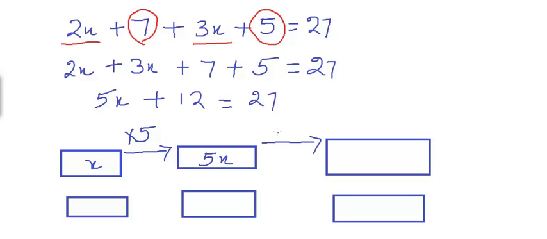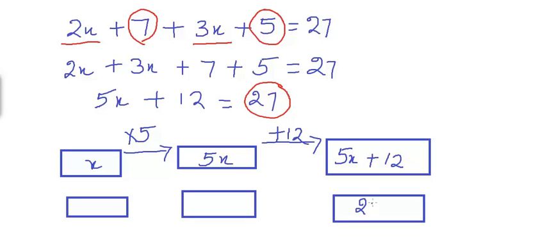Then we add 12. So the left-hand side is now 5x plus 12. Now we add the output number, which is 27 in this case.